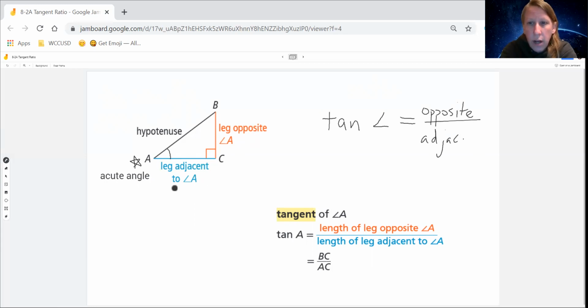The more you write that out, the more it'll get in your head, and trig functions do not go away until you are done taking math. So the tangent of an angle is equal to its opposite side divided by its adjacent side. That is the ratio. If you want to know what the tangent is, you need to find the opposite side and the adjacent side.